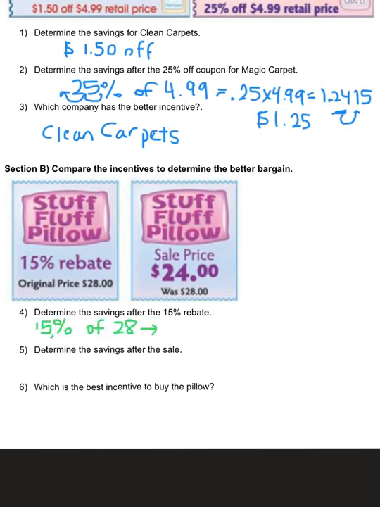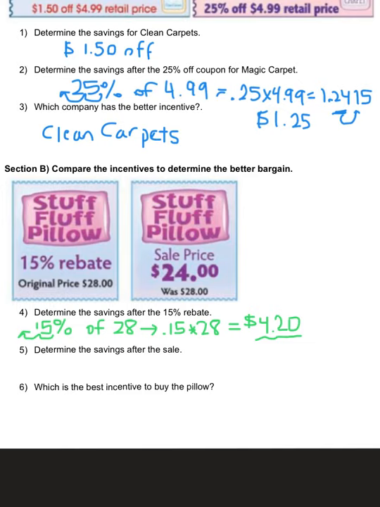Okay, so take your decimal, move it 2 places to the left. That would give you 0.15 times 28, and when you calculate that, it would equal $4.20. So for the 15% rebate, you're going to get $4.20 off. For number 5, determine the savings after the sale.